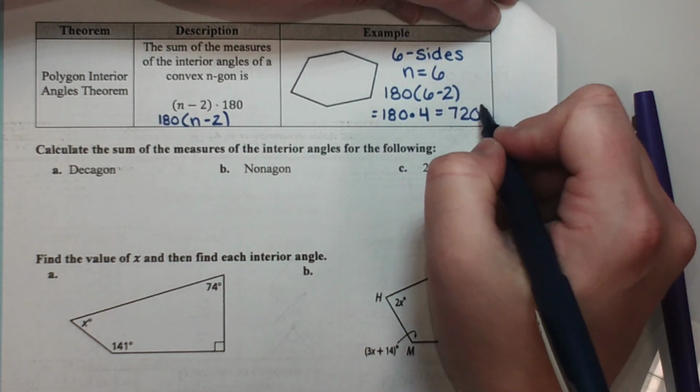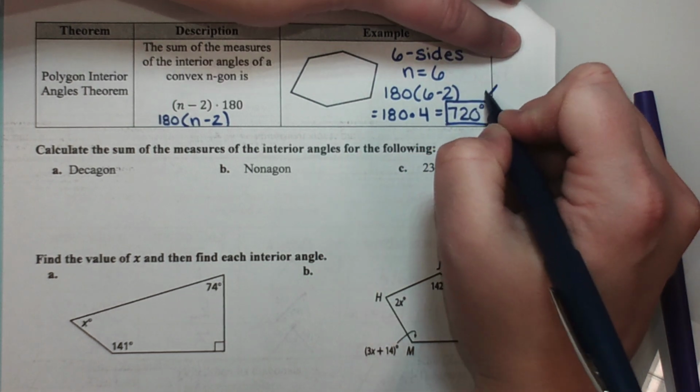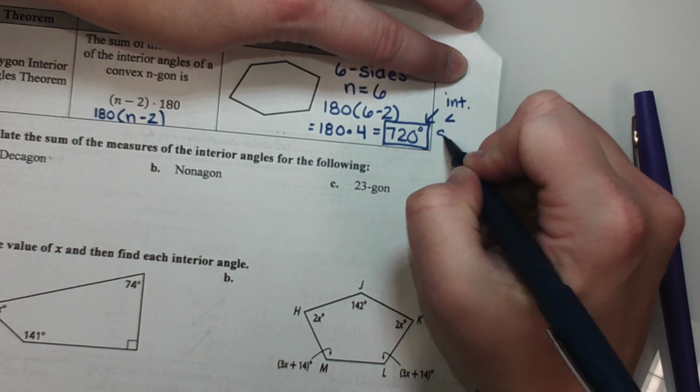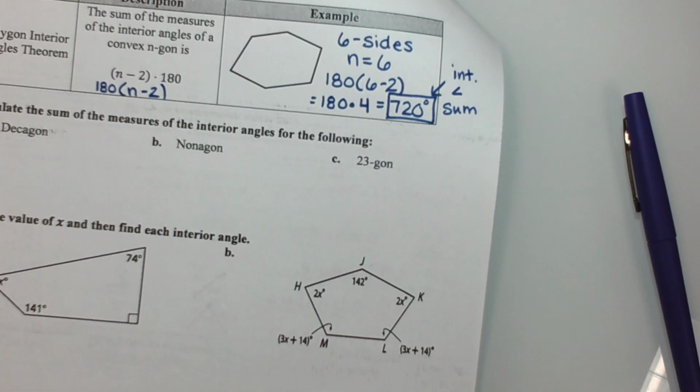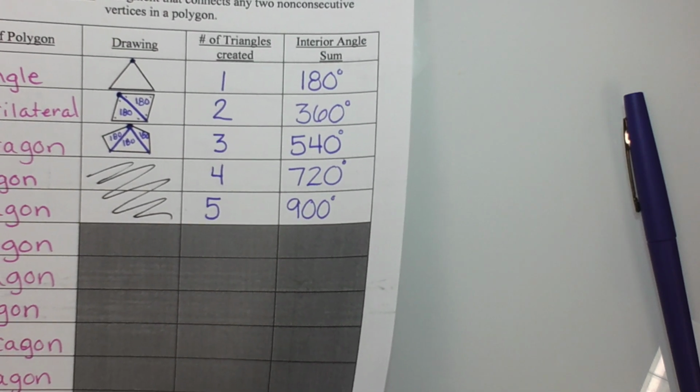Since it has 6 sides, the interior angle sum is 720 degrees. Which, by the way, matches up with what we had on the other side.